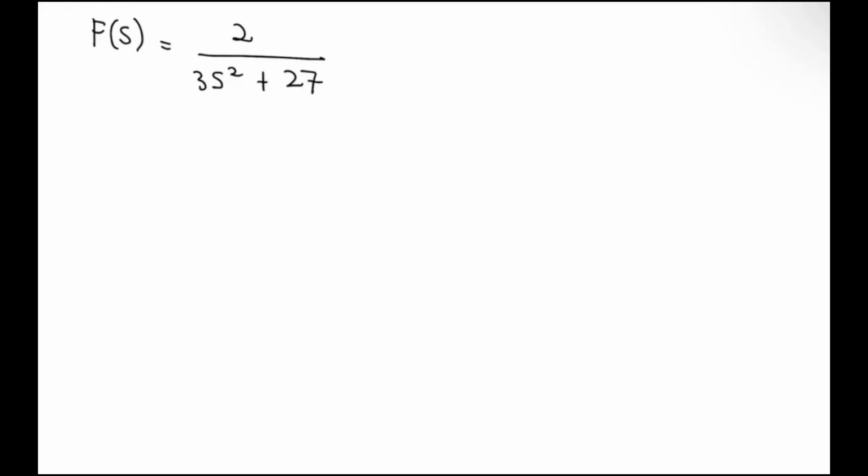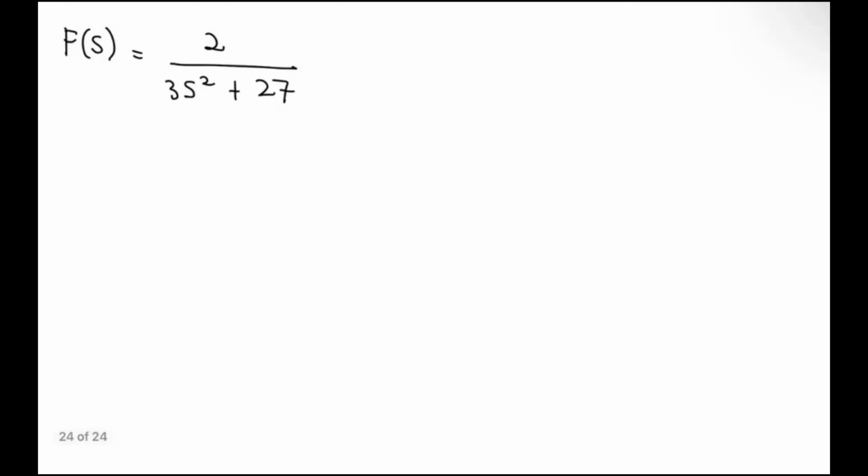Okay, so we would like to use the fact that a over s squared plus a squared is equal to sine at. So if we observe our function, the coefficient of s squared must be equal to 1. Here we have 3. So we need to factor this one, 3 and 27, you can factor outside.